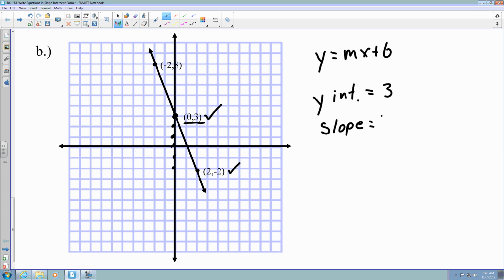So I went to a negative 5, and I'm going to run to a positive 1, 2. So our slope for this graph will be negative 5 over 2. Now it's just a matter of substituting in our values into our equation.